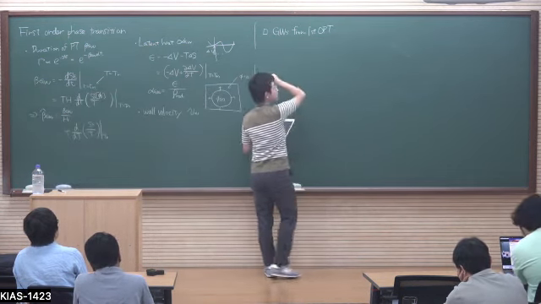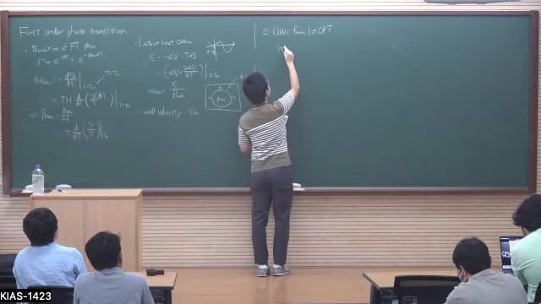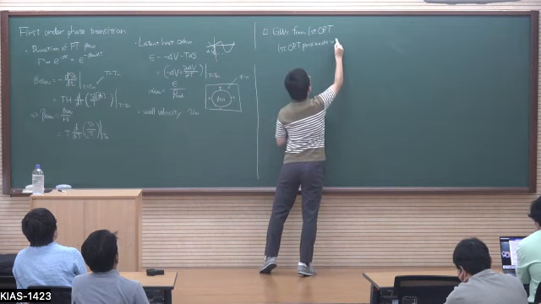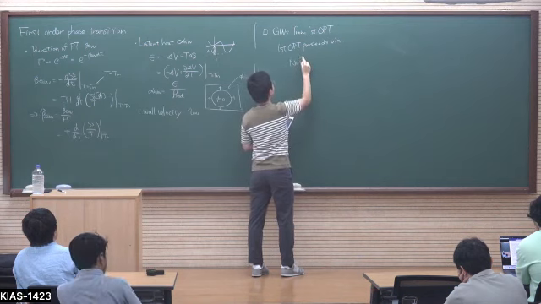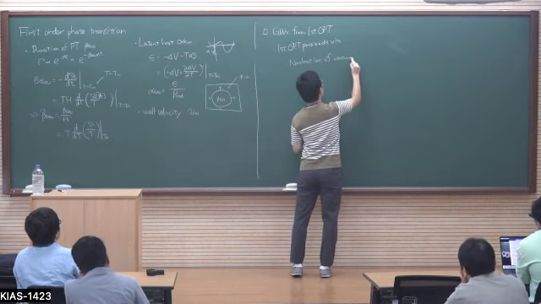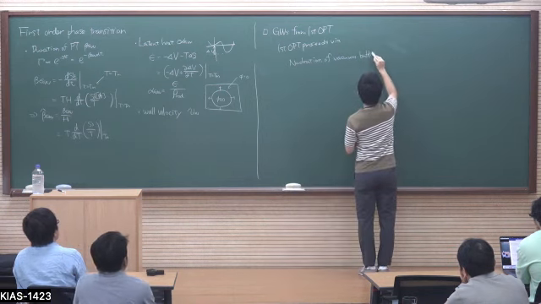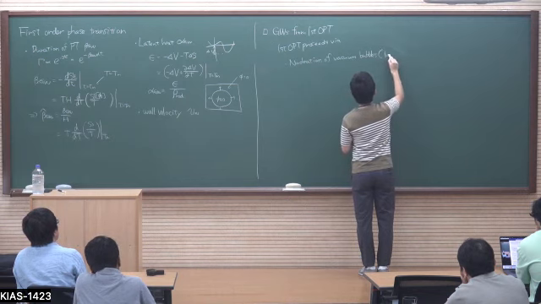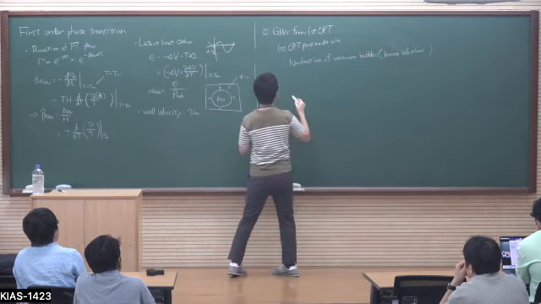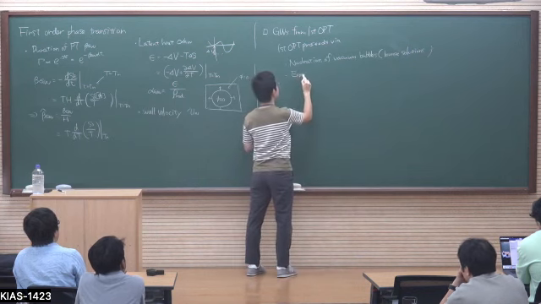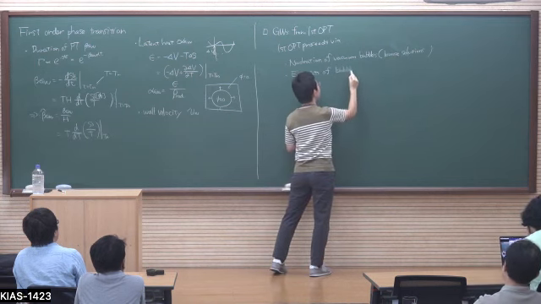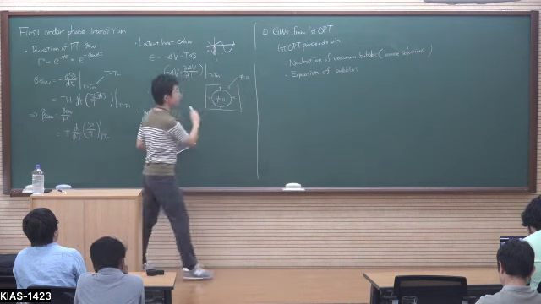As we explained, the first order phase transition in the early universe proceeds via the nucleation of the vacuum bubble, or the bounce solution, and the expansion of the bubble, as shown in this figure.